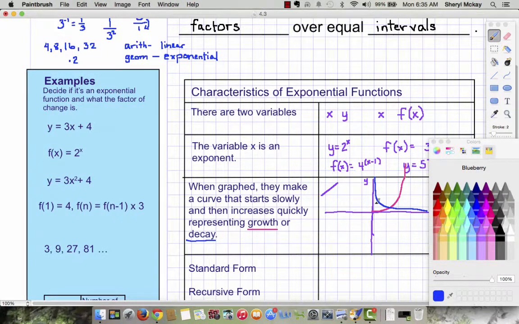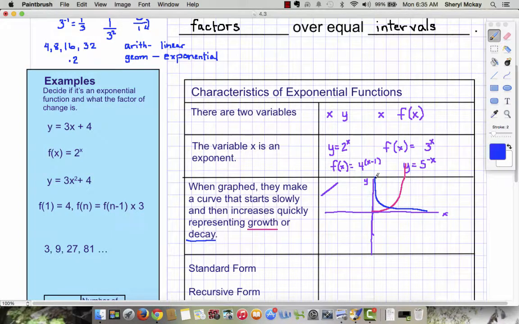So growth and decay, but both of them have this sharp increase or decrease and a very slow increase to a sharp increase, or sharp decrease to a slow decrease. All right? So the thing that's important is to learn how to recognize these curves. All right? You want to be able to recognize those graphs.